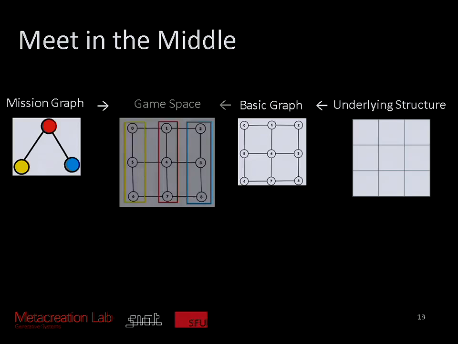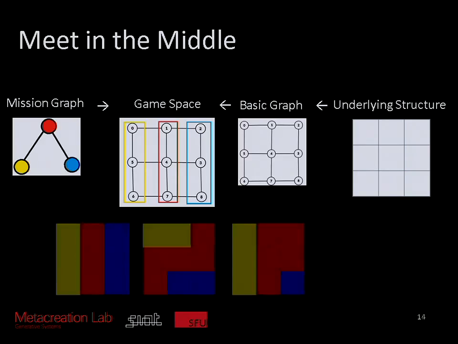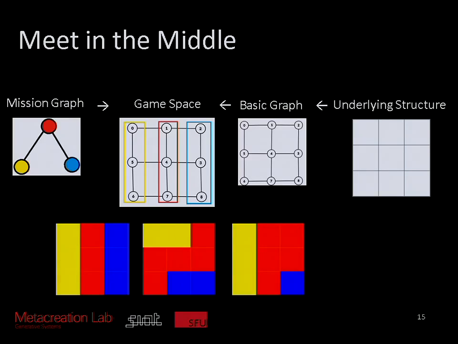And then finally, we partition this graph such that the adjacencies between the partitions match that of the mission graph. So for example, the yellow partition here and the red partition are adjacent, but not the yellow and the blue. By partitioning the basic graph, we end up partitioning the underlying structure as well. And these are different variations of the same mission graph, the same underlying structure, but different partitions.